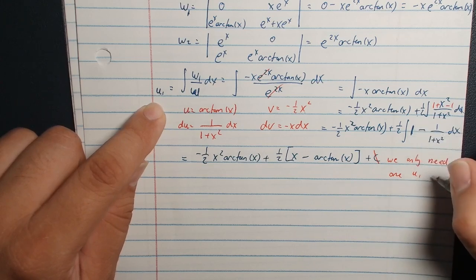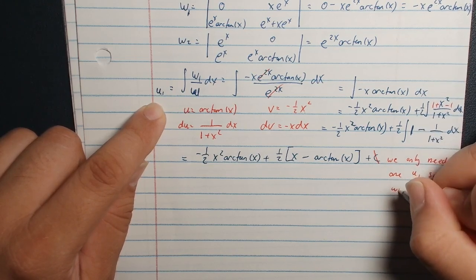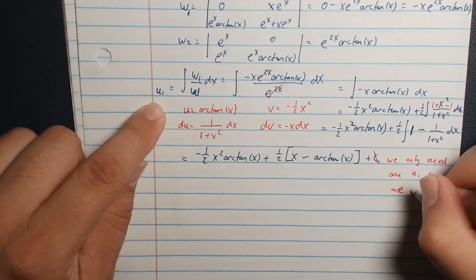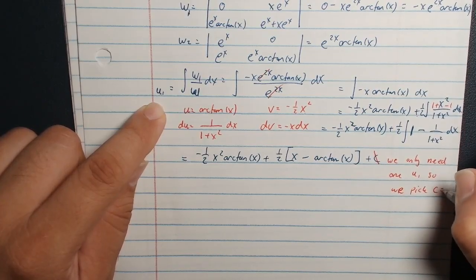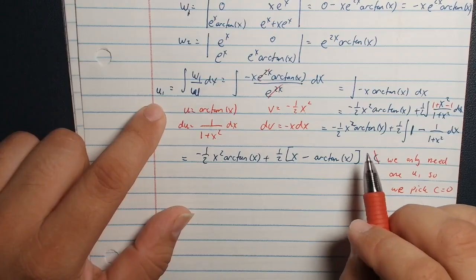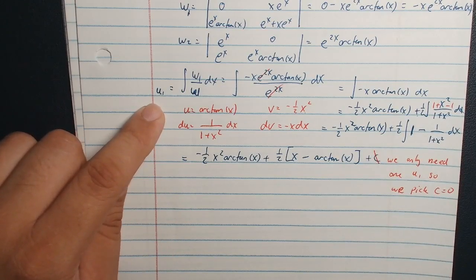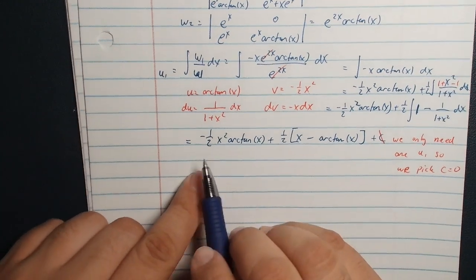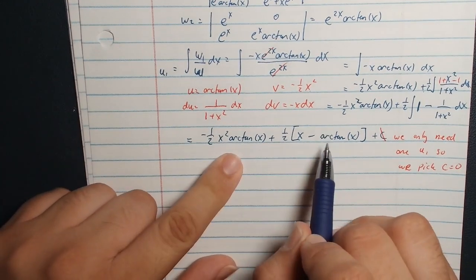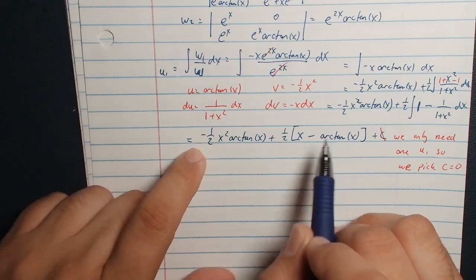So for u1, we pick c equals 0. You say, what if I pick some other number? Would that be wrong? No, you're just writing extra stuff that you don't need to be writing. It's not wrong, though. And there we go. There's our u1. Here, I notice that I can combine the like terms.